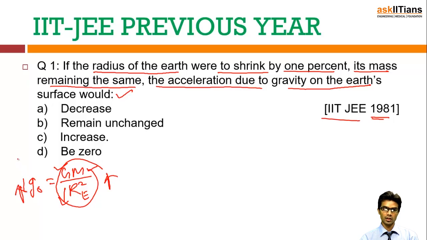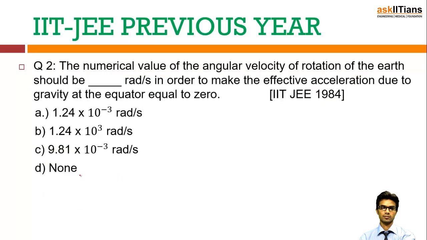So the answer is that g increases. Whenever the radius of the earth decreases and the mass of the earth is constant, the acceleration due to gravity at the earth's surface would increase. Okay, now go to the next question.